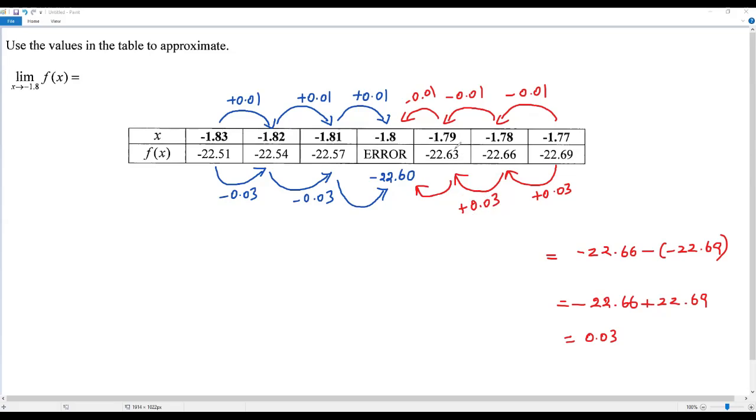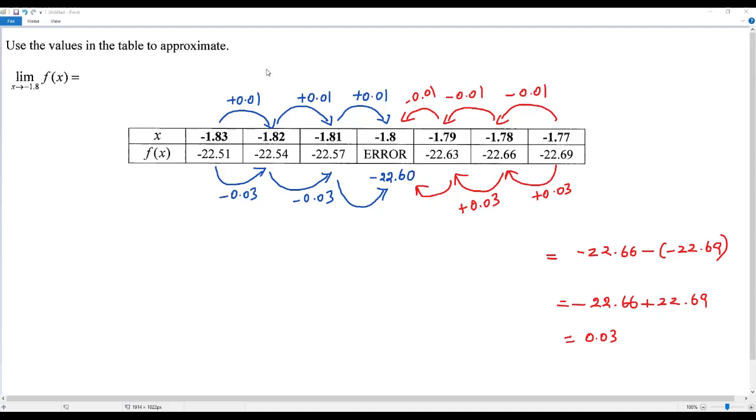We add 0.03 to this value, and I get negative 22.60. So whether x approaches negative 1.8 from the left side or from the right side, f of x approaches the same value, negative 22.60.